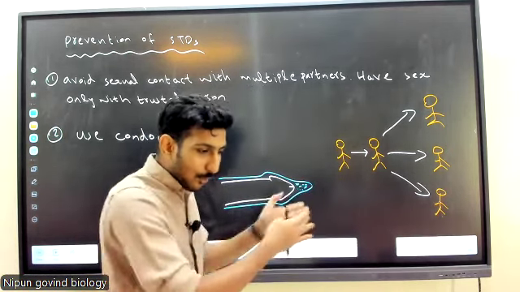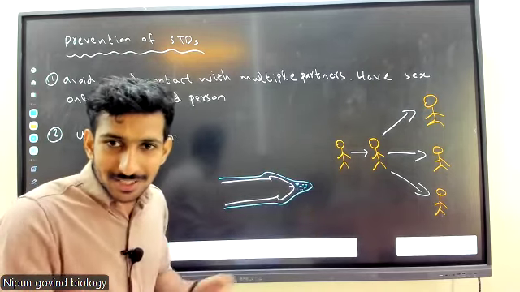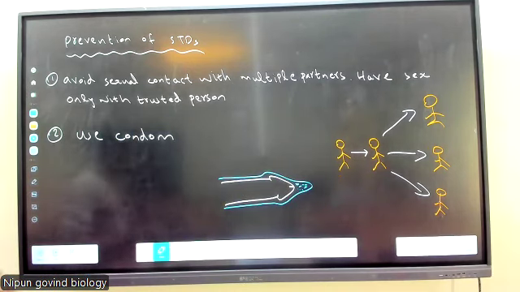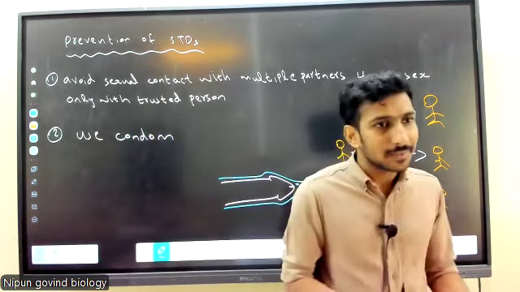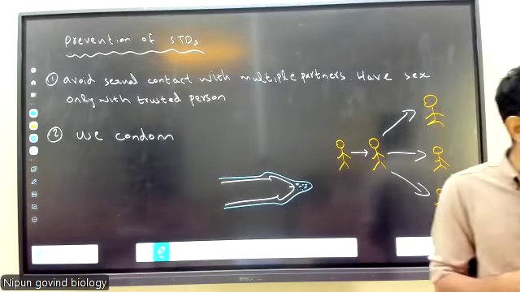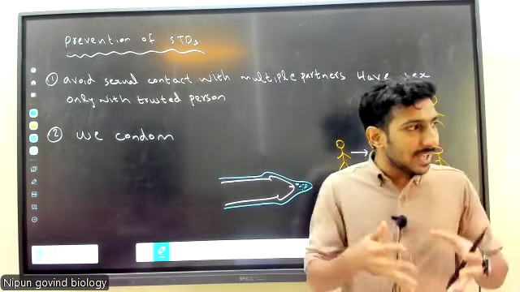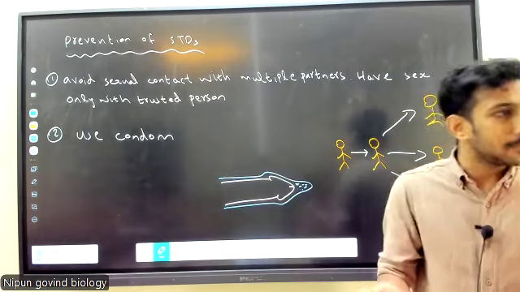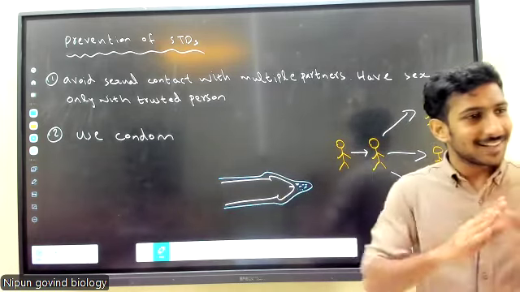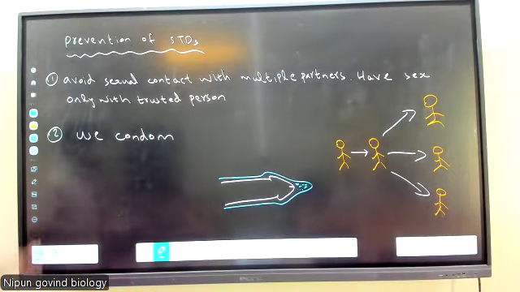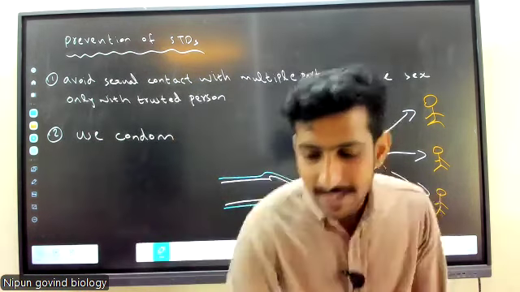So there is no contact of body fluids, so there is no transmission of AIDS. So condom is a good method. But there is a chance for condom failure. There is 1% chance for failure of a condom. During the rubbing action or friction inside the vagina, this thin rubber may break. If that breaks, khatam, tata.